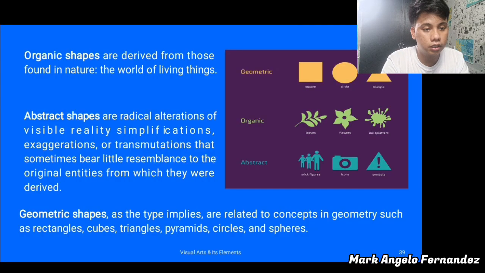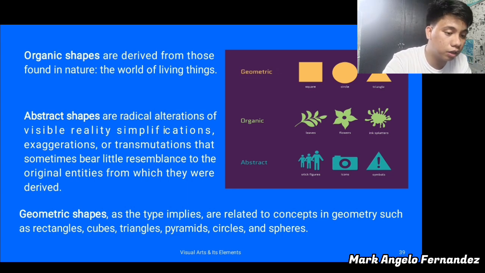So, next is meron tayong organic shapes. Organic shapes are derived from those found in nature, the world of living things. Makikita natin dito sa kabila, ang organic shape is from nature.